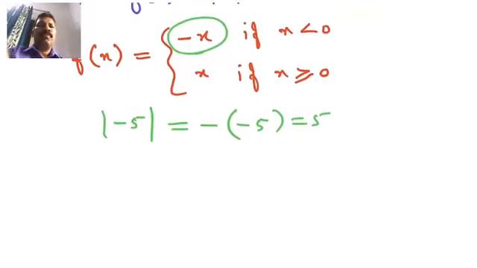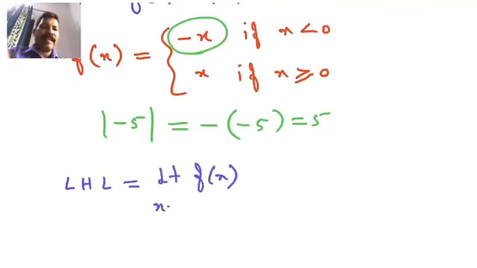Now we are going to find the left hand limit, that is LHL, equal to the limit of f of x as x tends to 0 minus. When x is tending to 0 taking values less than 0, x is a negative number, x less than 0.